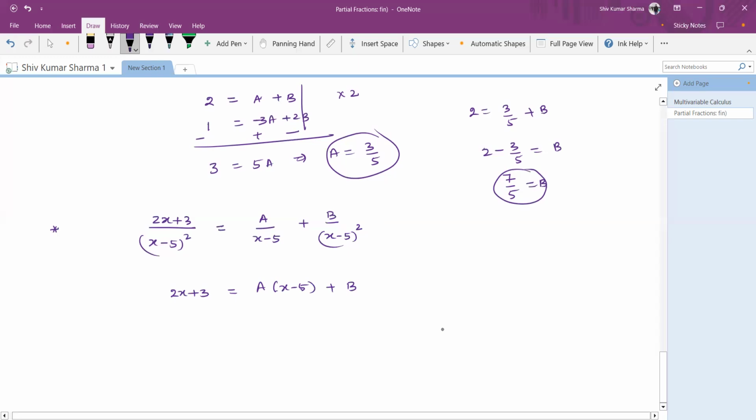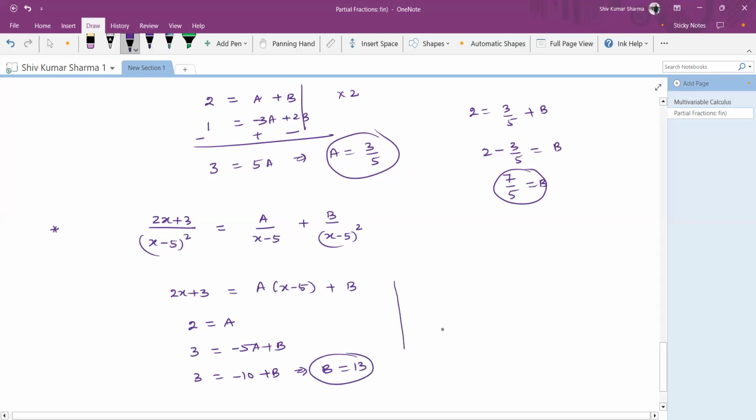We take the coefficient of x: the coefficient of x is 2, so 2 equals a. The constant 3 equals minus 5a plus b. So 3 is equal to minus 5 times 2, which is minus 10, plus b. So b gives us 13.